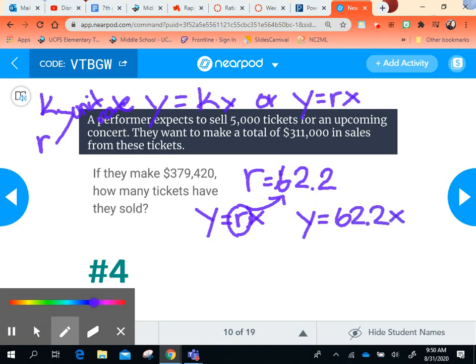So this is my equation for that table. Nice job, Junior. Do we have this written down? Do we need another second?